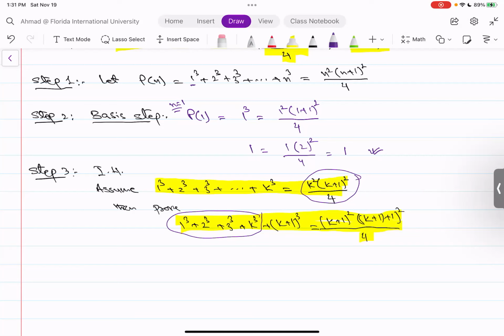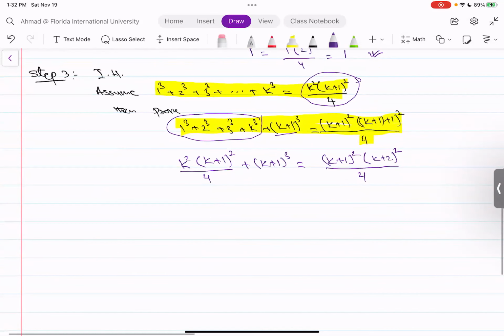Instead of this, what we are going to do is k square into (k plus 1) whole square divided by 4 plus this term that we have added, (k plus 1) whole cube, is equal to (k plus 1) square times (k plus 1), which is going to be (k plus 2) whole square. (k plus 2) whole square divided by 4, right? That's what we are going to prove now.